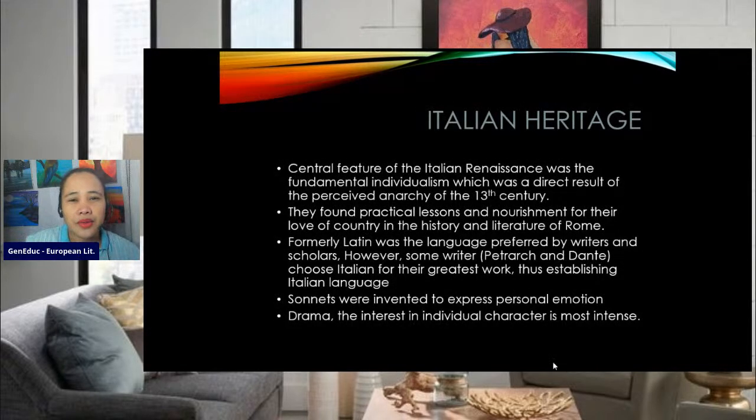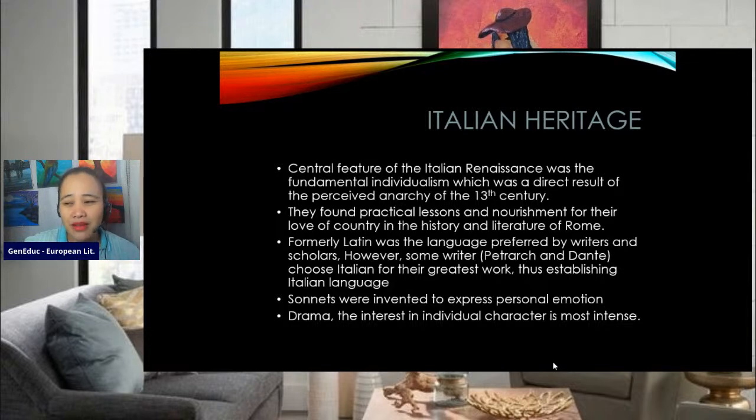So now, Italian heritage. The central feature of the Italian Renaissance was fundamental individualism, which was a direct result of the perceived anarchy of the 13th century. In the Italian heritage, they found practical lessons and nourishment for their love of country. Take note, another thing: love of country in the history and literature of Rome.